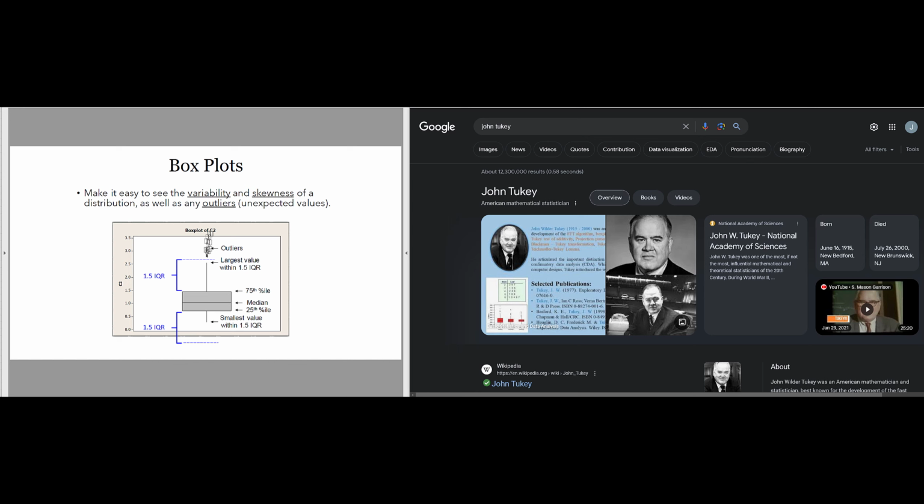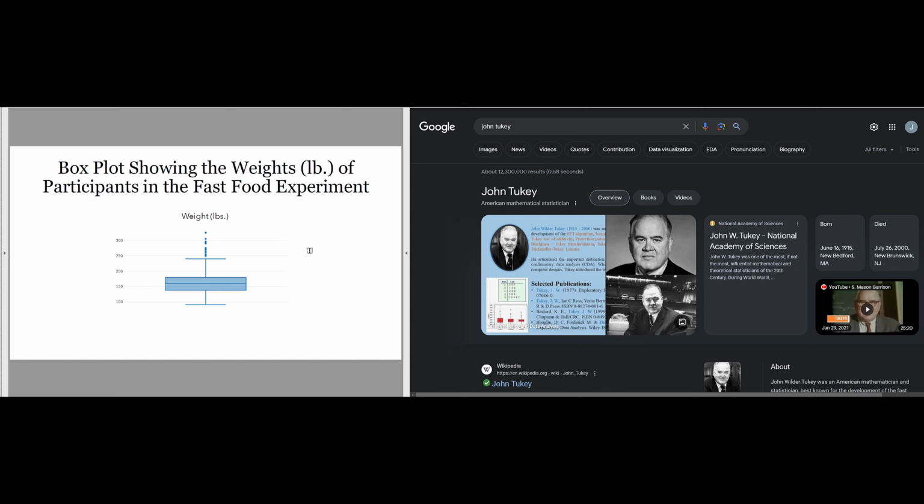But for the upper values, for the upper data, remember we're using our customers' weights as an example, we do have some outliers. And those are represented by dots or X's or stars or whatever your plotting software decides to do. So what we get when we do this for the weights looks like so.